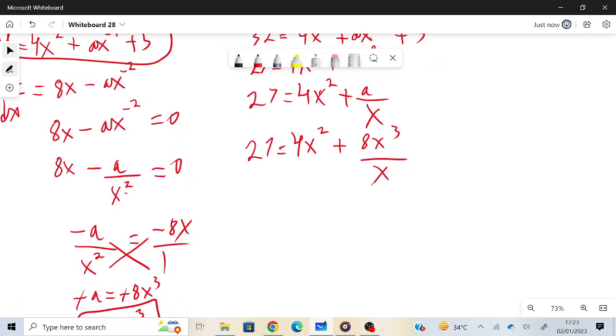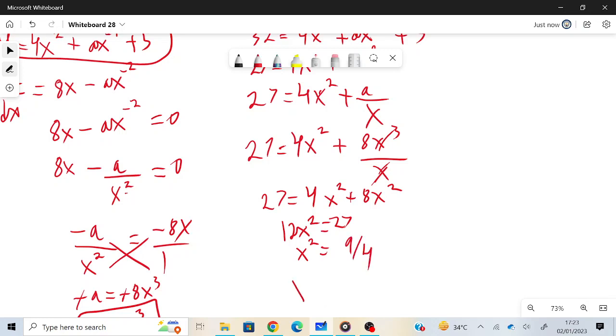So this x will cancel with the x here. We will now have 27 equals 4x squared plus 8x squared. This would be 12x squared equals 27. x squared would be 27 divided by 12, which should be, let me just confirm real quick, 27 divided by 12, yep, 9 over 4.